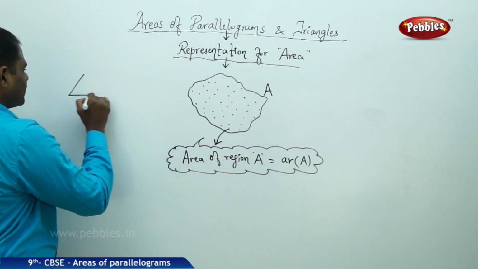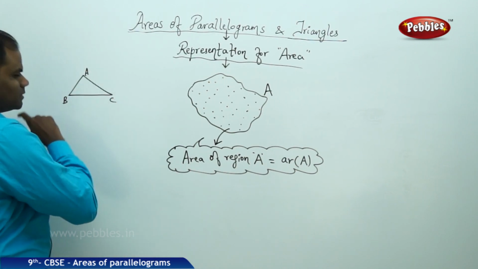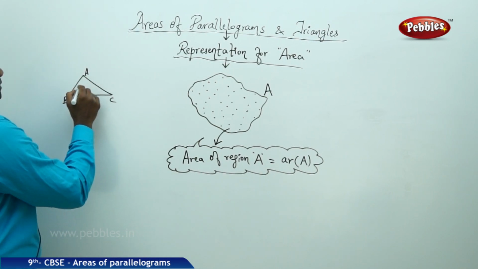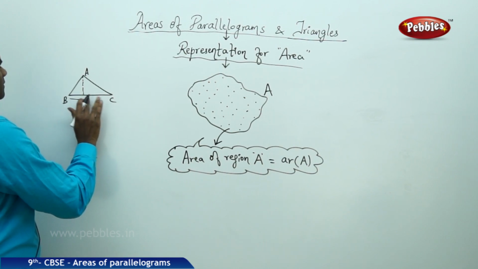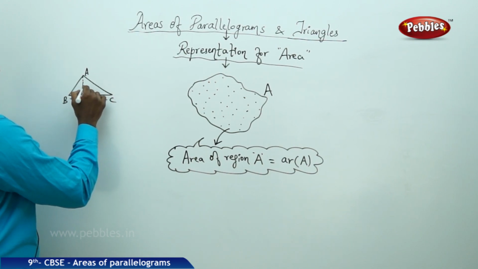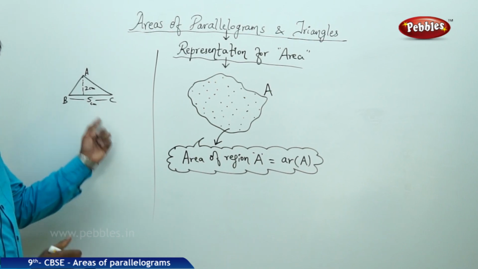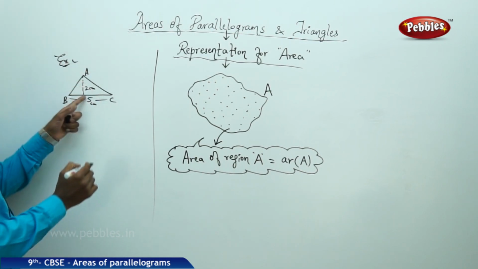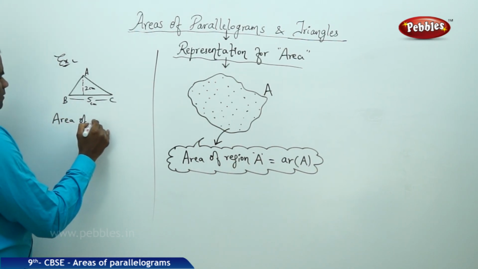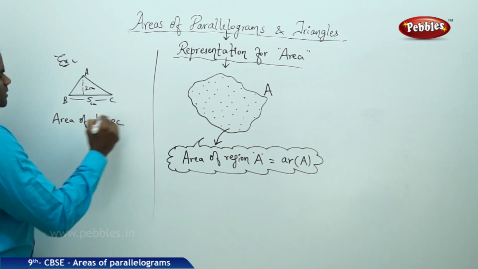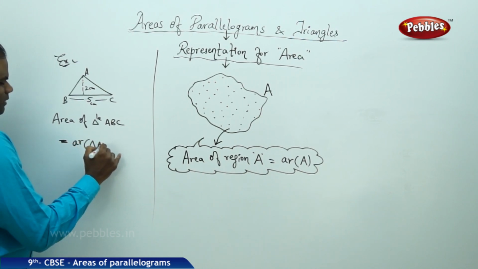Similarly, if I take a triangle ABC and I take the height and the base to be 2 and 5 centimeters, then to find the area of this triangle, for example, with altitude as 2 centimeters and the base as 5 centimeters, the area of triangle ABC is denoted by area of triangle ABC.